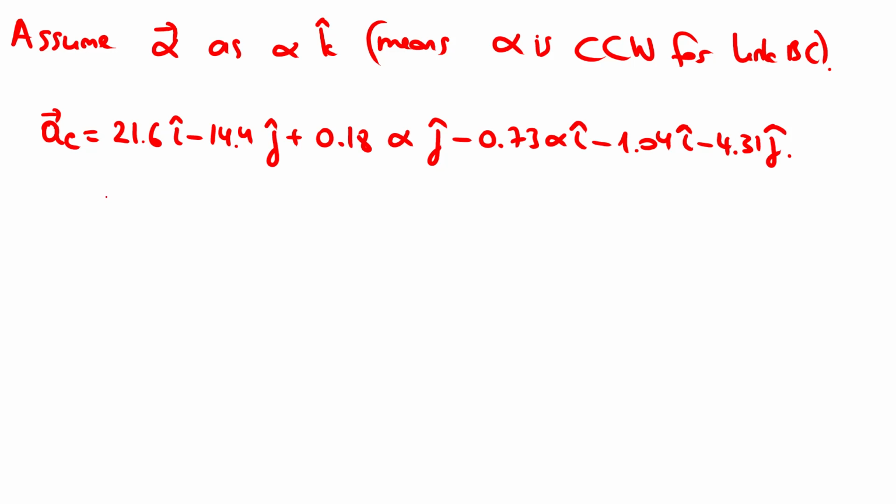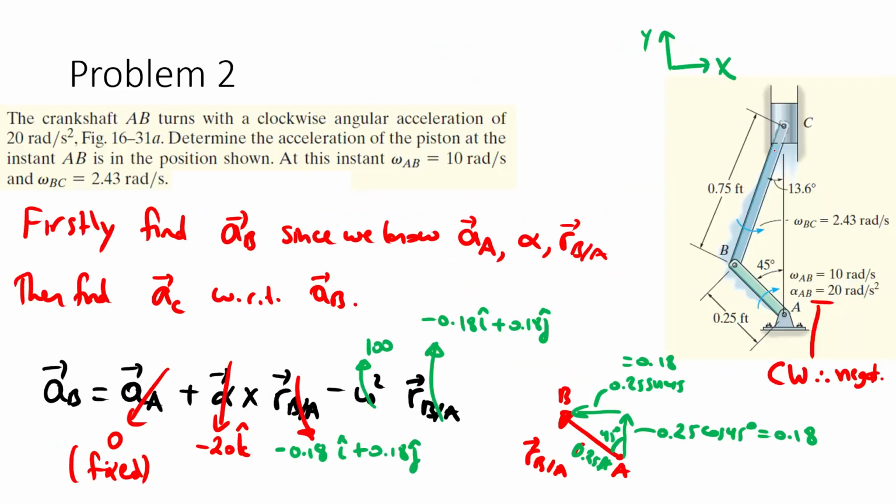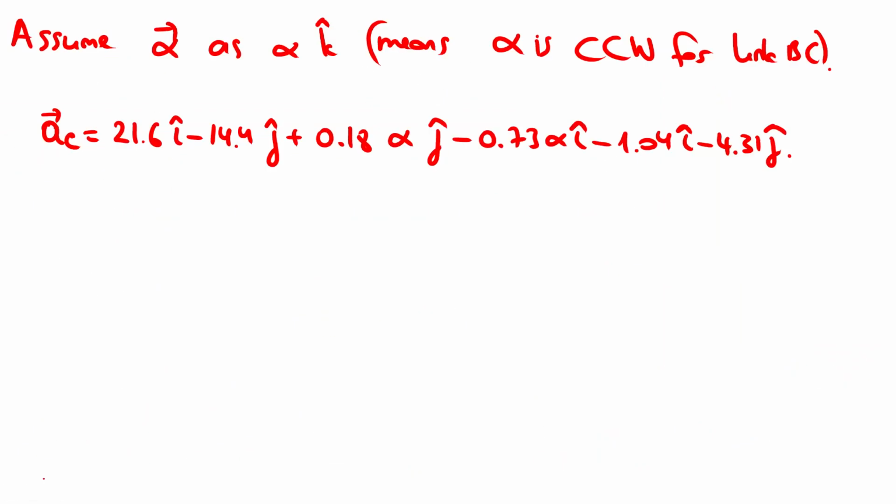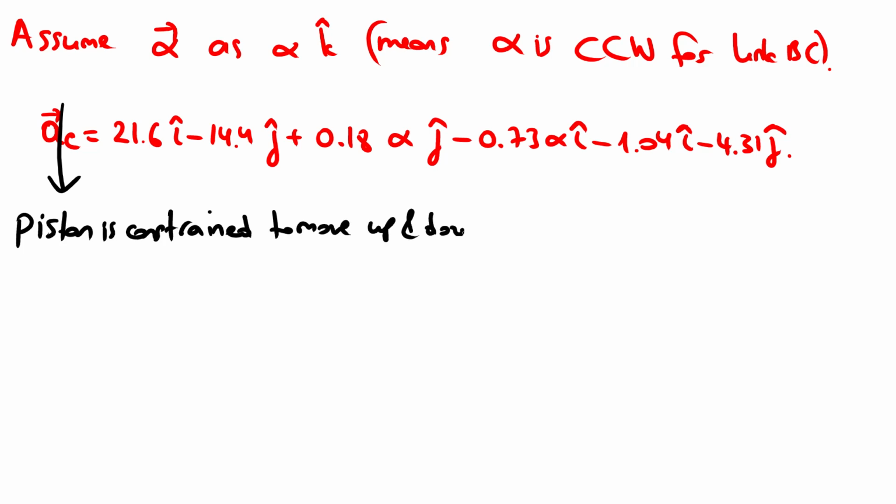Okay, and then let's come back to AC. You can see that the piston is constrained to move up and down. So for AC, we assume the piston moves up, then AC will be equal to AC j.